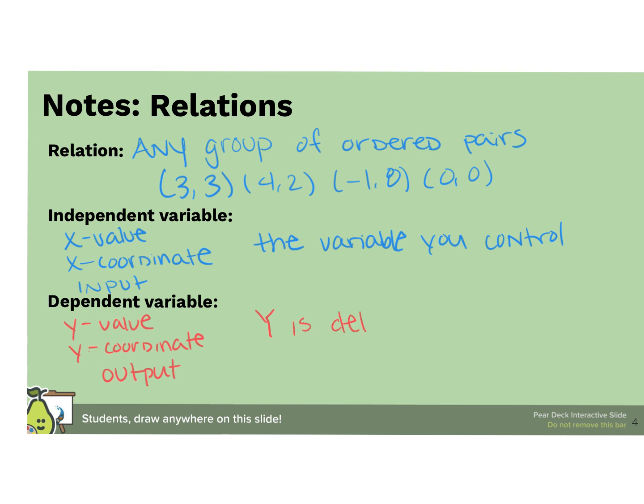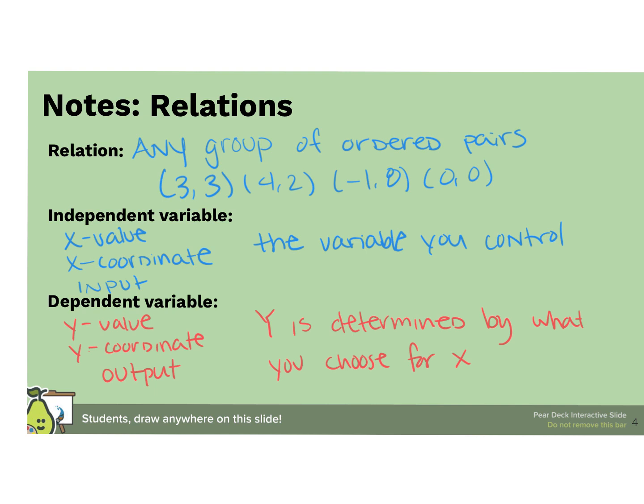Y is determined by what you choose for x. Okay? So you can't pick random numbers for y, but you can pick random numbers for x if you want to.